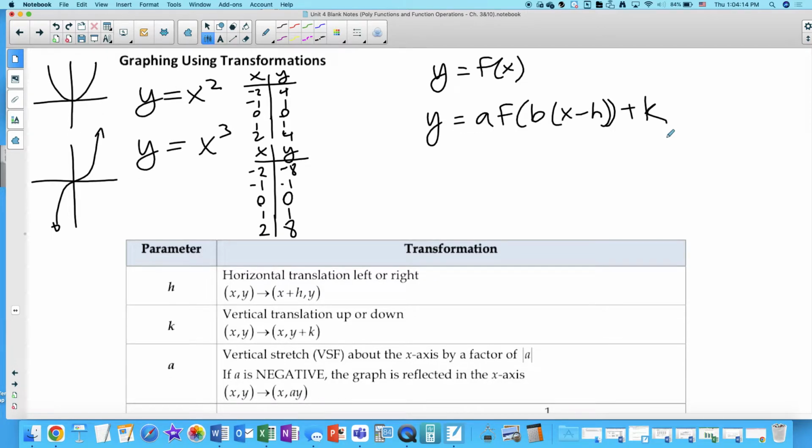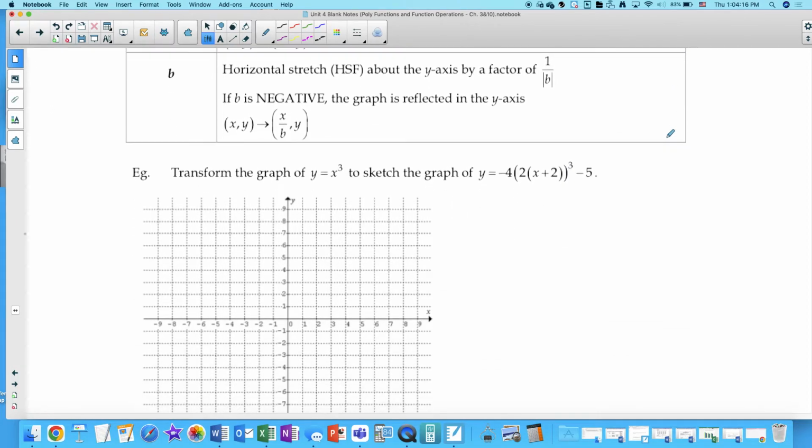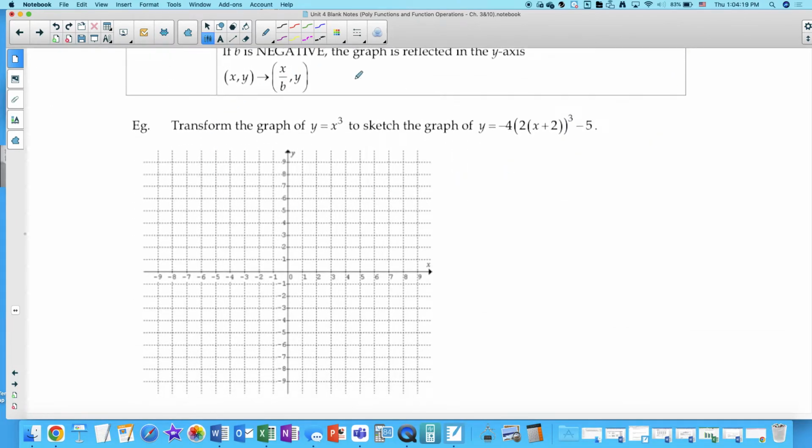Okay, so for example, let's say we take this function y equals x cubed and transform it to sketch this graph, y equals -4 times (2x plus 2) cubed minus 5.